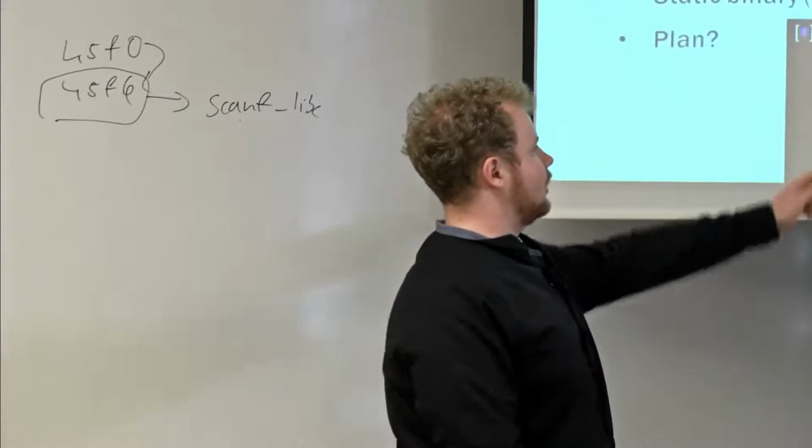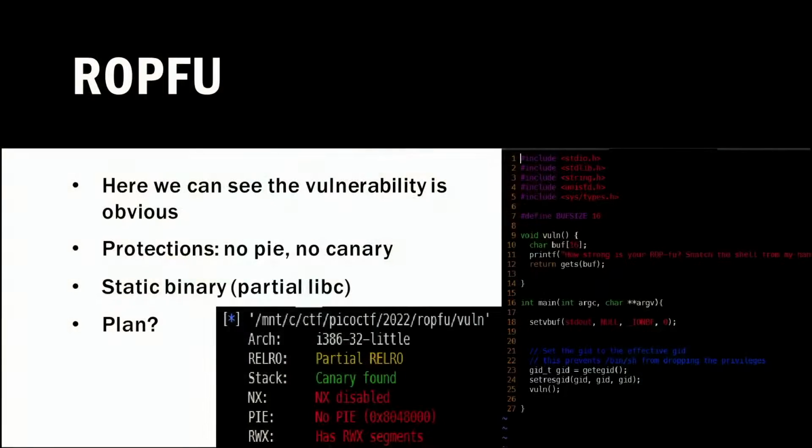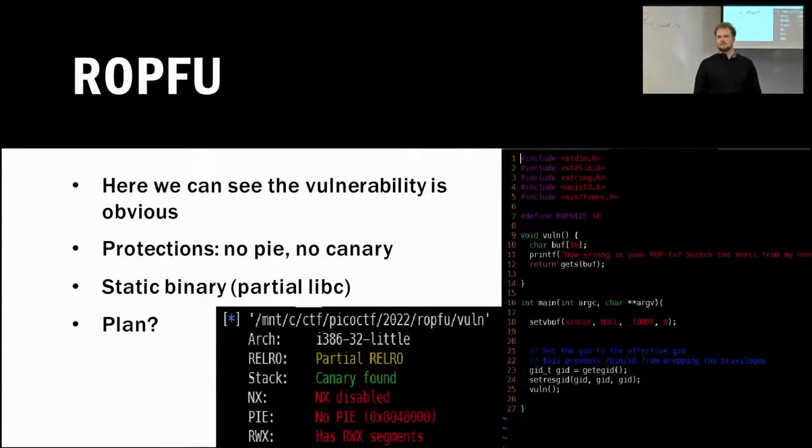Okay. So we have a binary here. I hope you all can see it. Basically, it's the same binary as this one. Exactly the same. The gets is being called. There is no canary. NX is disabled, so we can execute code on the stack. Canary is found, although there's a thing here.